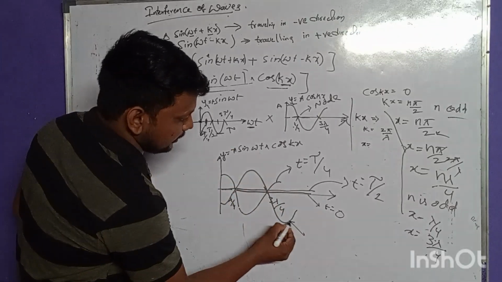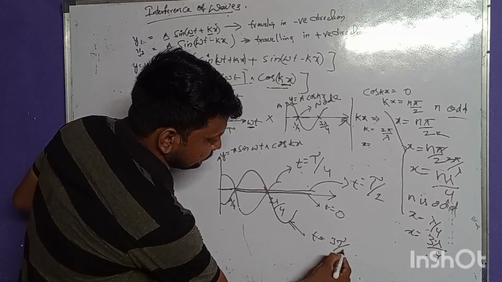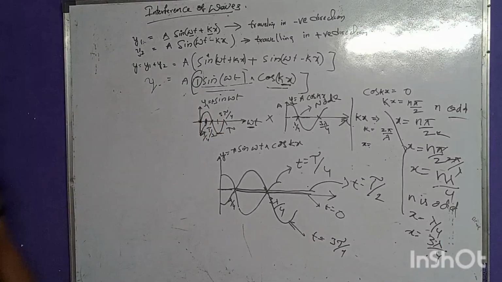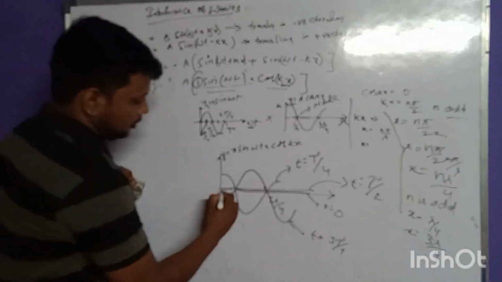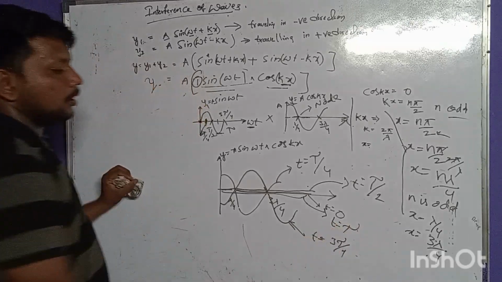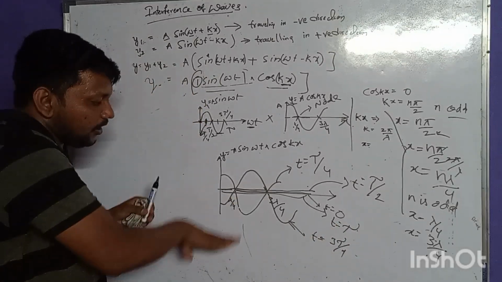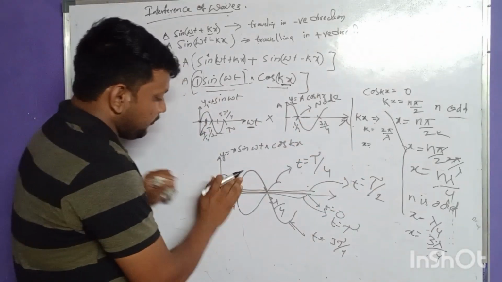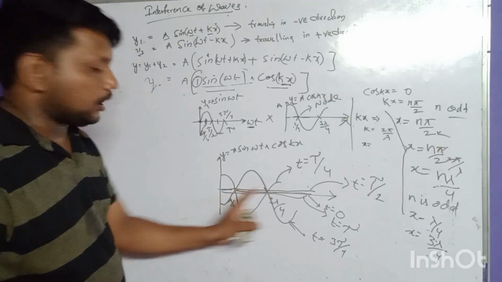This wave is at t is equal to 3 tau by 4, right? Again at t is equal to tau, again 0. This is t is equal to tau. That means when time is passing, the wave is oscillating, right? Not traveling.